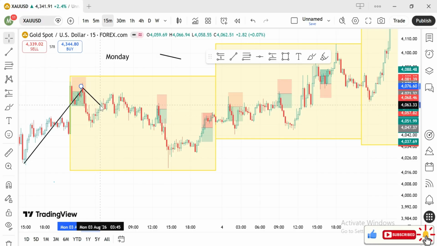A valid bullish trend is a trend that has a strong candle and series of weak candles, or strong candles throughout. Like this bearish trend, you can see that the candles are strong, weak, weak, weak, weak. So we have one valid strong candle and series of weak candles. That's why it is a valid trend.